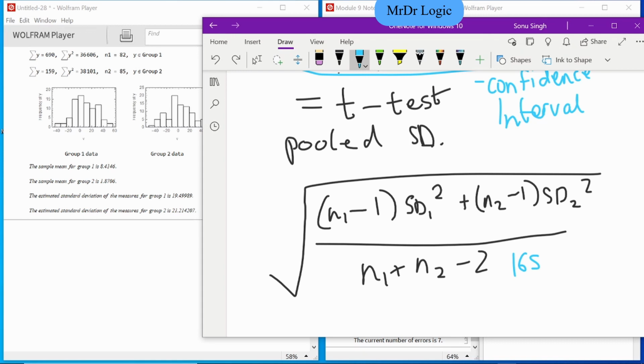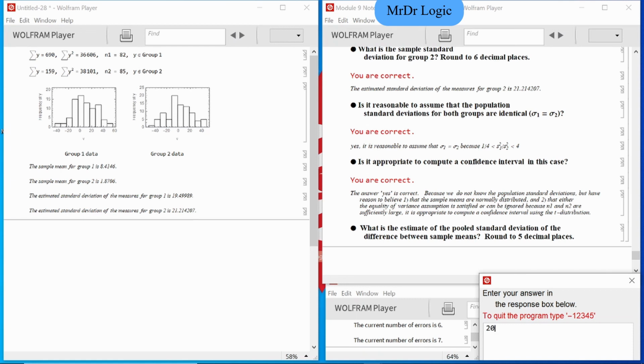Reverse bracket 21.21427 squared. Make sure the whole equation is correct. Divided by 165. And then, yeah, I messed it up somewhere because I'm getting a completely different answer. So now I'm getting 20.39065.